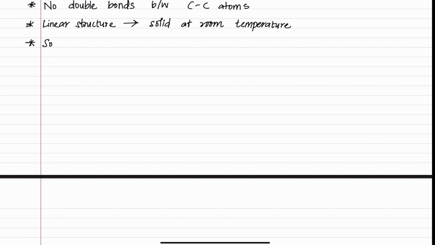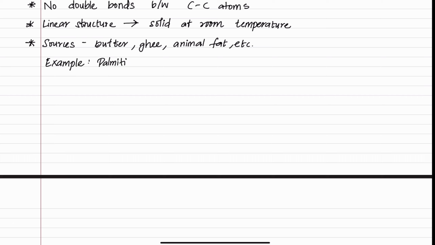Some sources of saturated fatty acids would be butter, ghee, animal fat, etc. An example for saturated fatty acid would be palmitic acid, stearic acid, arachidic acid, lauric acid.